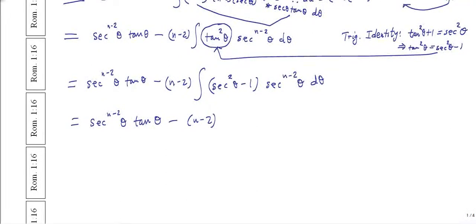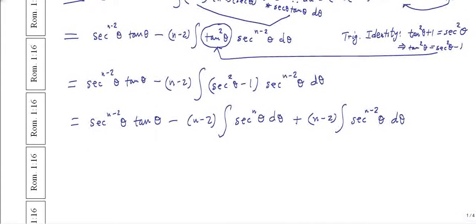We add the exponents once again, we get secant n minus 2 plus 2, so it's secant to the nth power, so it's minus the quantity n minus 2 times the integral of secant to the nth power theta d theta. And then I get a minus times a minus, so that's going to be a plus n minus 2, that quantity, times the integral of what's left over, secant to the n minus 2 theta d theta.